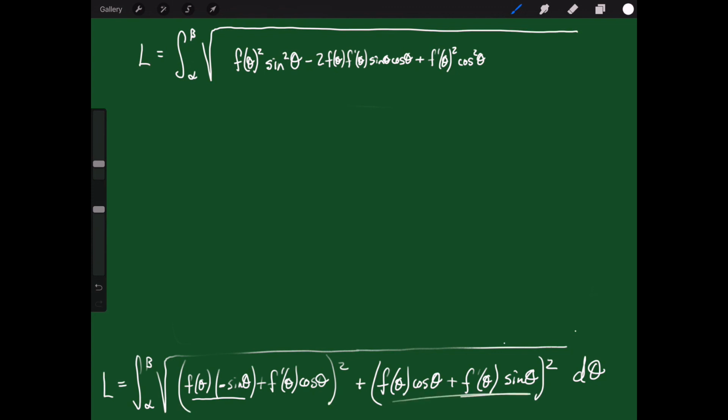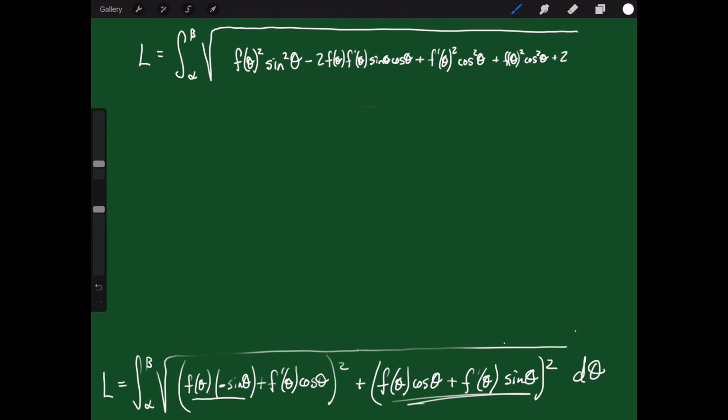Now I need to square this guy. So I get plus, hopefully I can squeeze this all in, f of theta squared cosine squared theta plus 2 times the first times the second. This one's actually positive.